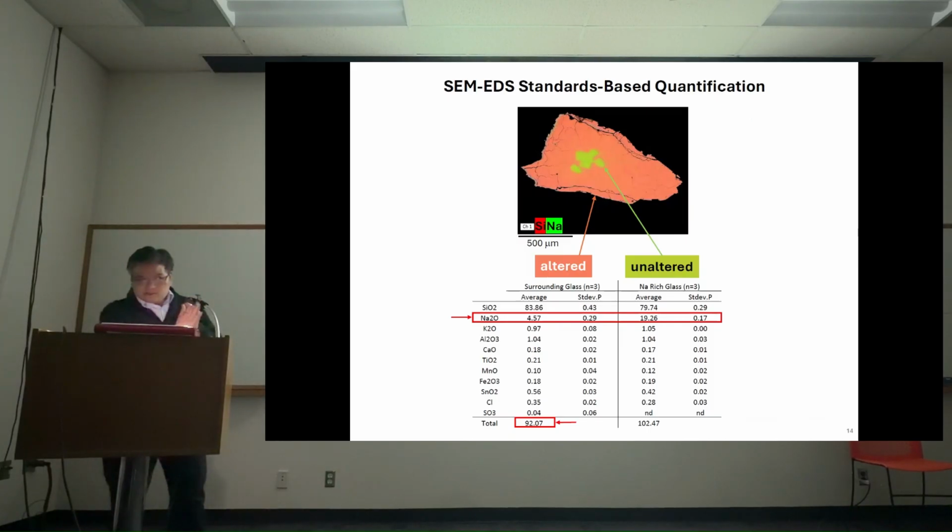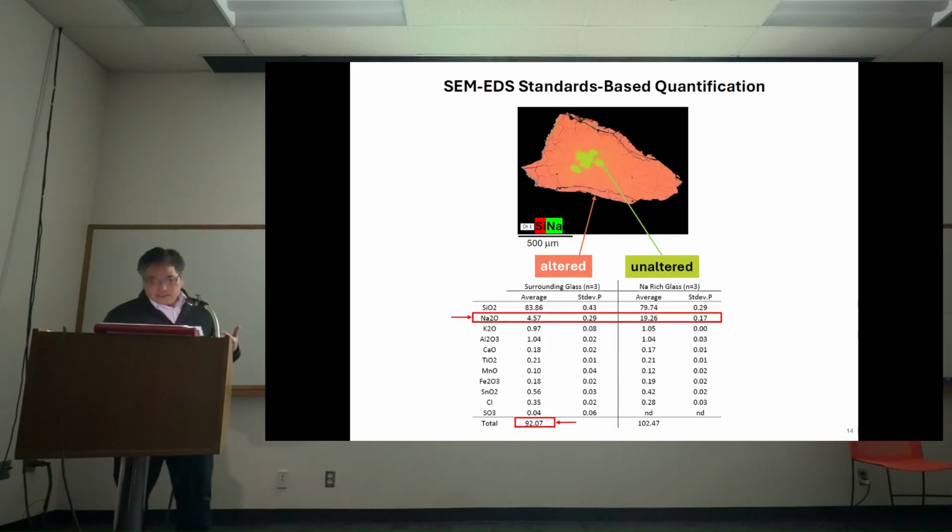We've written a paper about it where we use standards for basically all the major elements, and we have intensity scales to figure out what the concentrations are. When we do it this way, when we come up with a low total of like 92%, that's actually real. It means you're missing data for water, so basically glass alteration.